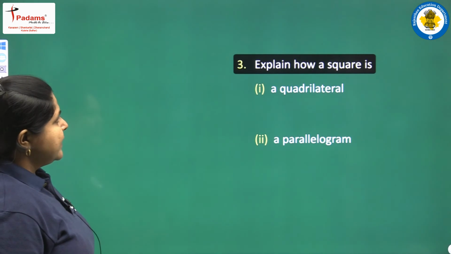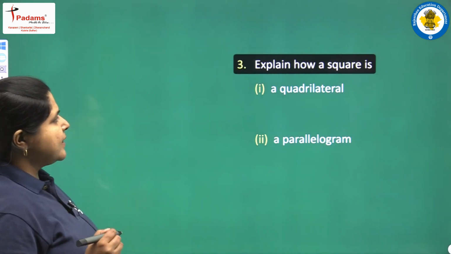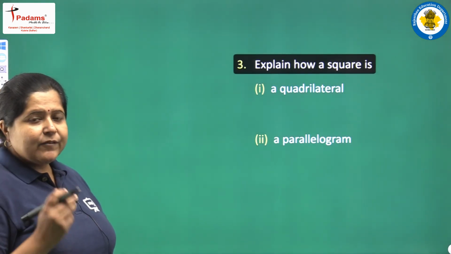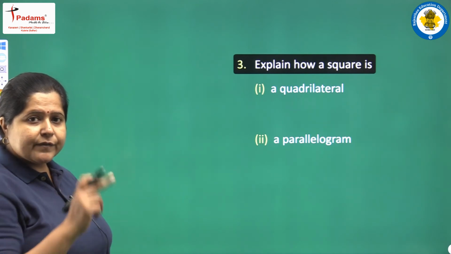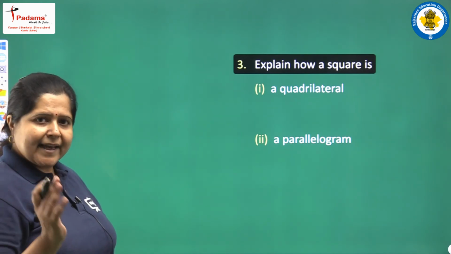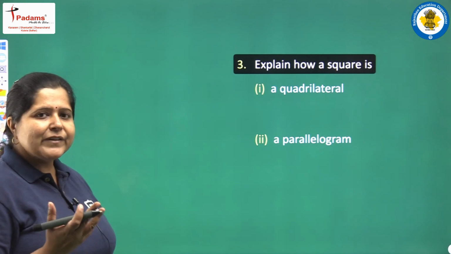Then we have: explain how a square is a quadrilateral. Clearly, what is a quadrilateral? It is a closed figure with four sides, and a square is again a closed figure with four sides.